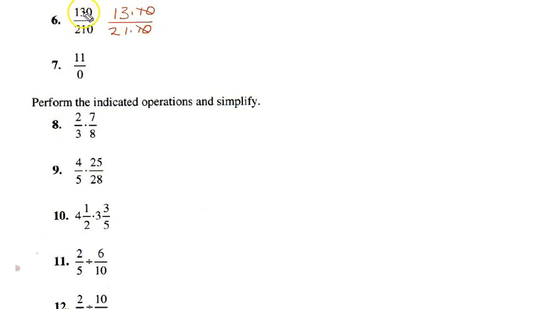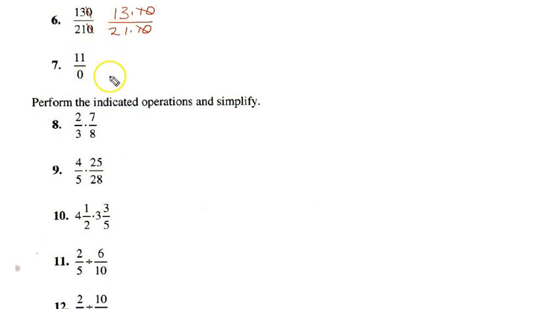But often when we see something like this that ends with a 0, the shortcut way is just cancel out that 0, in a sense, which is you're dividing out a 10. So then this is left with 13 over 21. 13 is prime, so this cannot be reduced further.